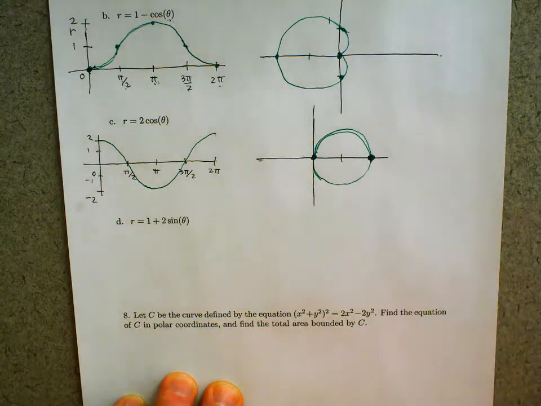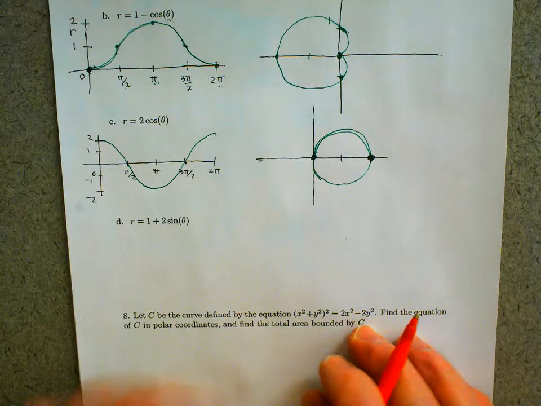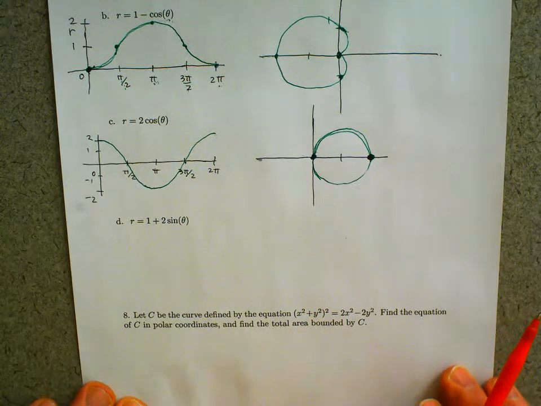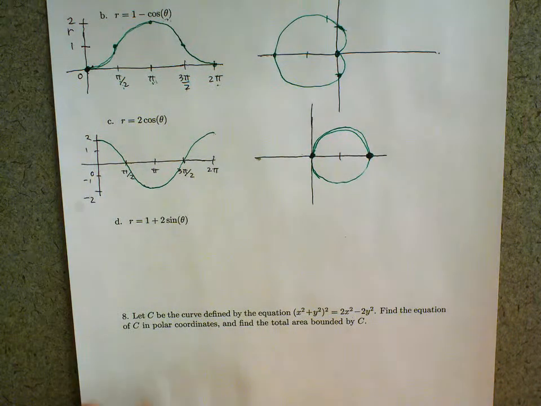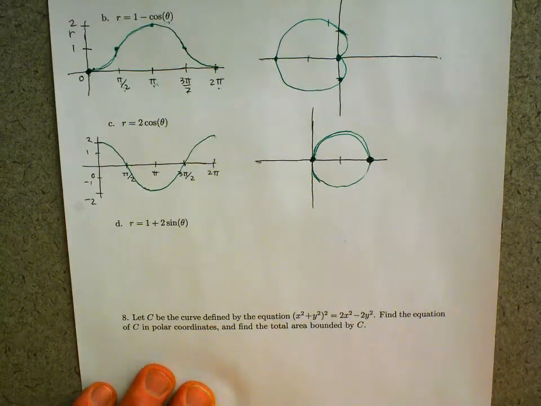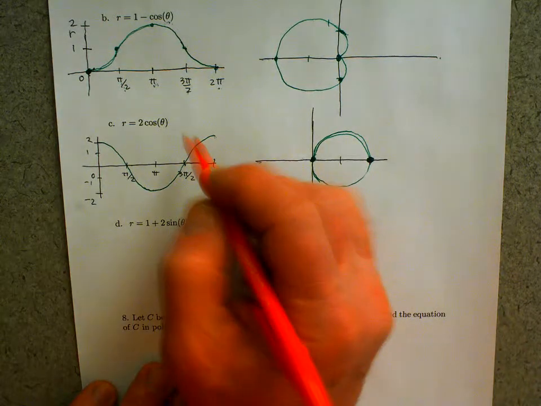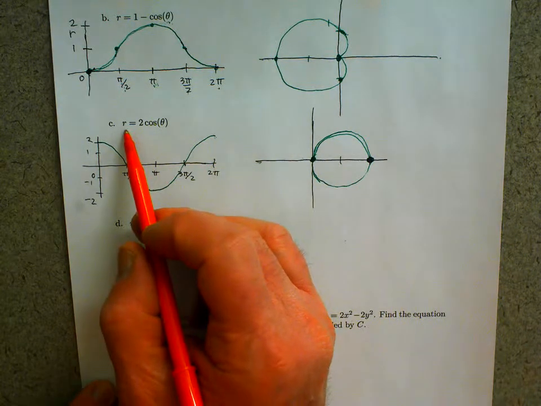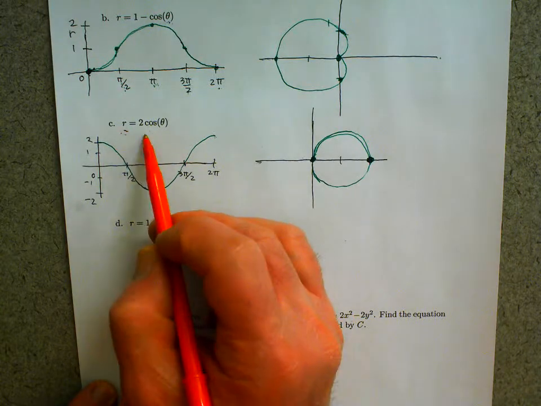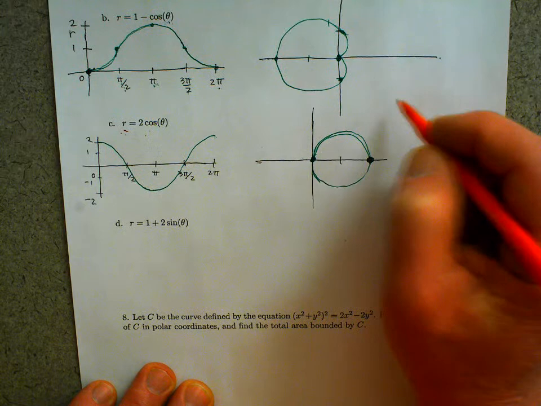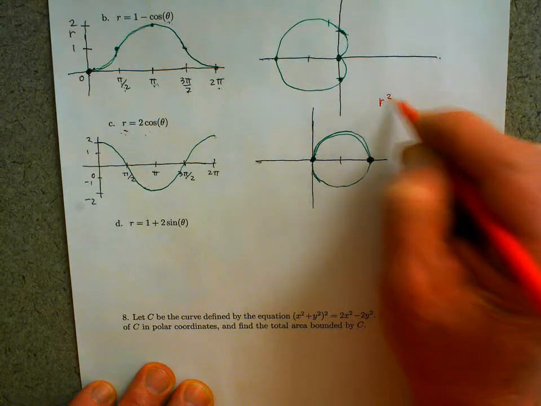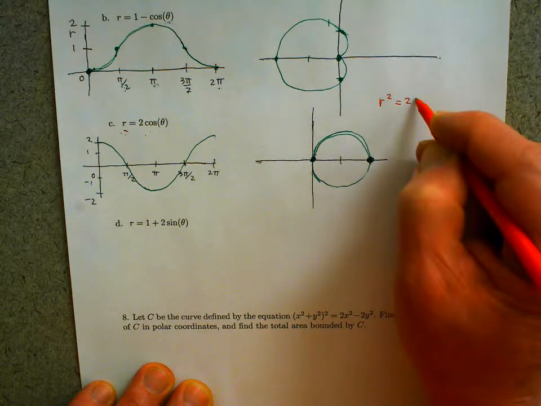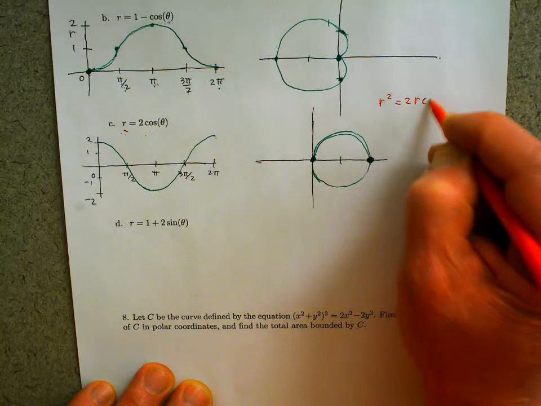So how can we verify that from the polar equation? Sometimes that can help. If we multiply both sides of this equation by r, we get r squared equals 2r cosine of theta.